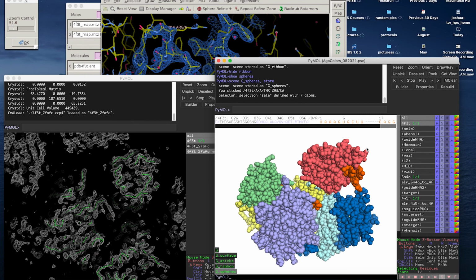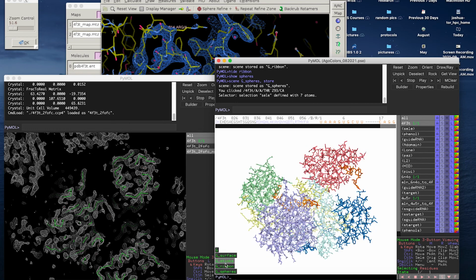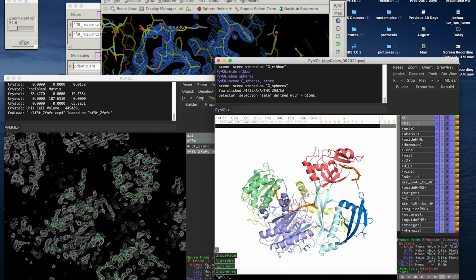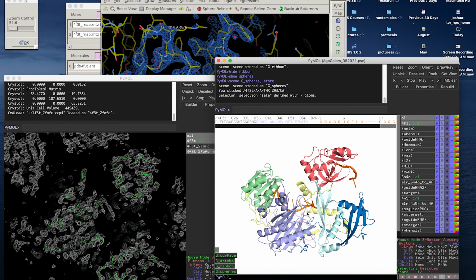And the crazy thing with crystallography is we're seeing indirect evidence and working backwards. All these beautiful ribbon diagrams are models, and the actual data that we have comes from the pattern of diffraction spots.